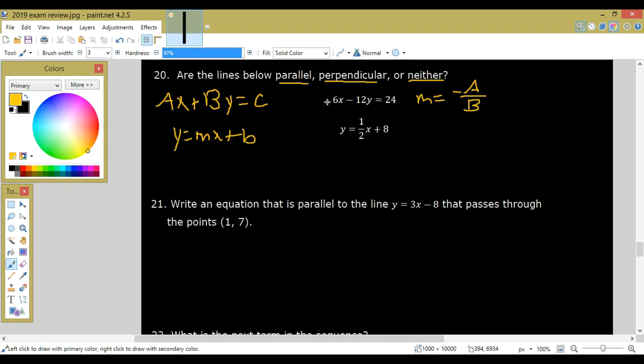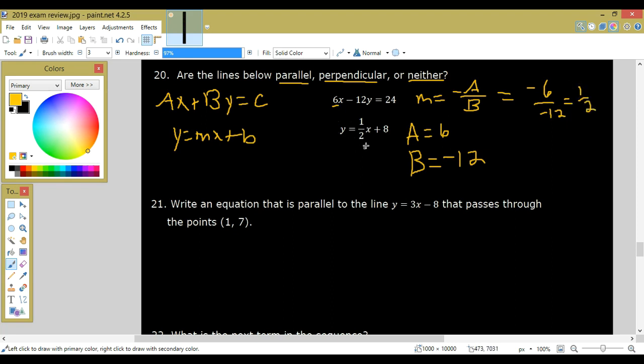So that first equation is in standard form. Let's identify what a and b are. A equals 6, and b equals -12. So -a over b equals -6 over -12. That equals 1/2.